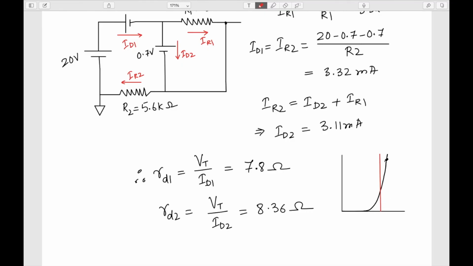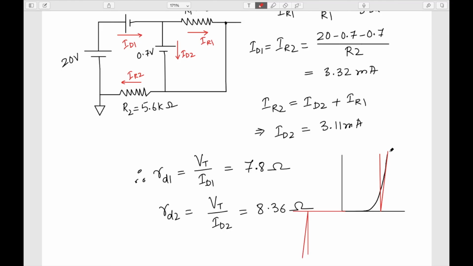So instead of approximating with a straight line, if I would have added a resistor, I would have approximated this whole thing with a straight line having a small slope. Of course this is also possible, because we also did this kind of approximation for the Zener diode. So instead of just making it a fixed straight line, something like this, we approximated with a line having a small slope.